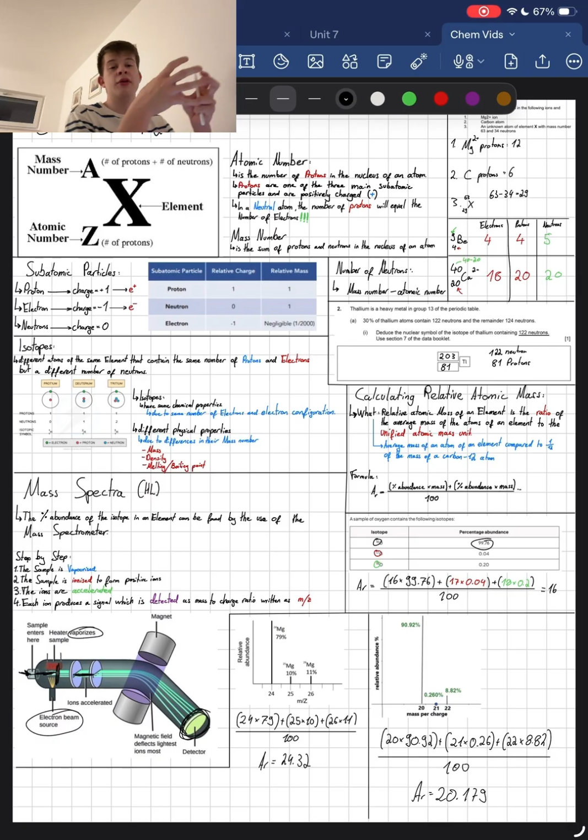Their unit is m/z. That was the mass spectrometer. We also looked at the graphs of how to find the relative atomic mass from the relative abundance and the m/z.